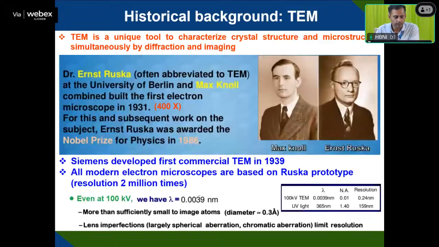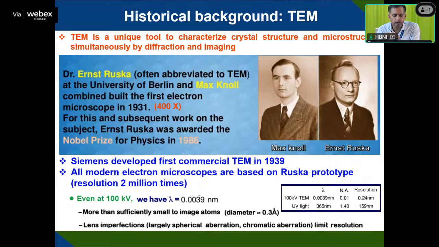If you see the historical background of the transmission electron microscope, TEM is a unique tool to characterize crystal structure and microstructure simultaneously by diffraction and imaging. But in the case of SEM, there was only imaging, using secondary electrons and backscattered electrons to get information about topographic or subsurface morphology, or compositional information.